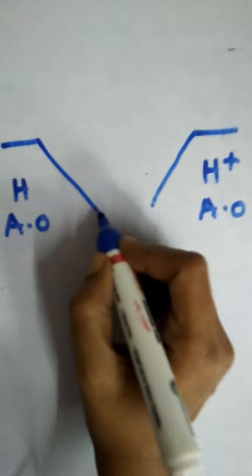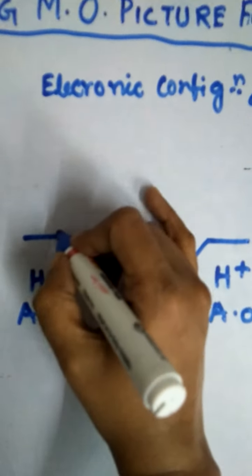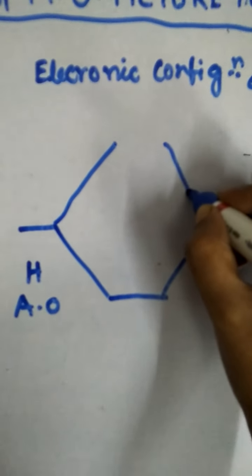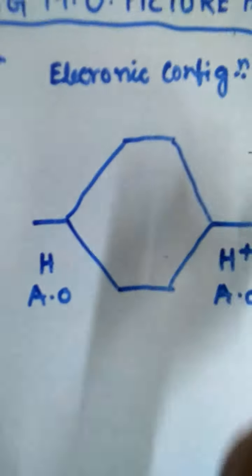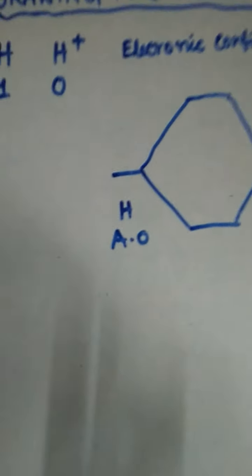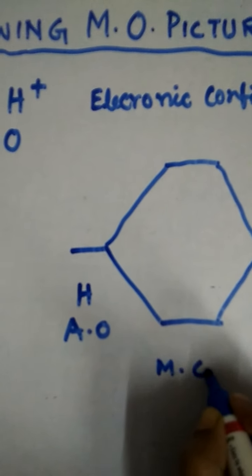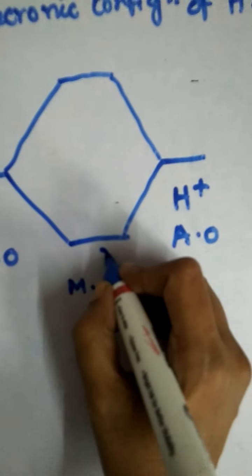There are two atomic orbitals, so they will combine to give rise to two molecular orbitals, as I have already told you. These two are the molecular orbitals of H2 plus. This one is sigma and this one is sigma star.